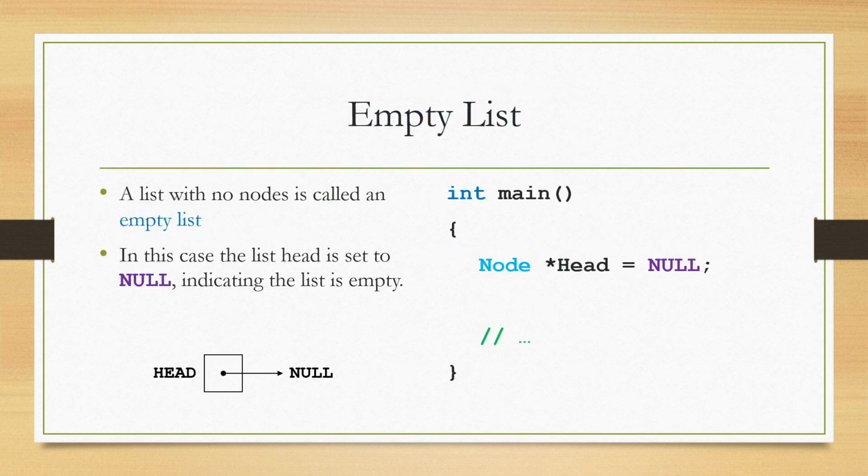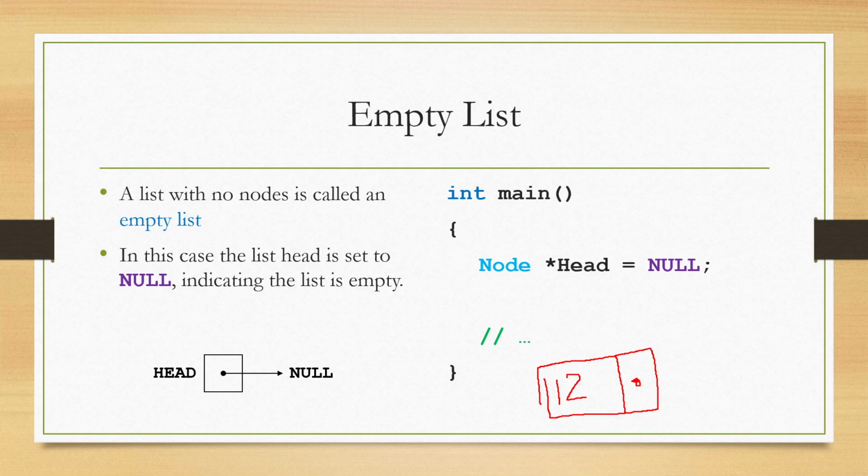We have this empty list. In this case, the list head is set to null. So we have this head. No data, no nothing. It's just set to null pointer. And if we want to add, let's say, another node, let's call this node something cool, like 12. 12 is a cool number.